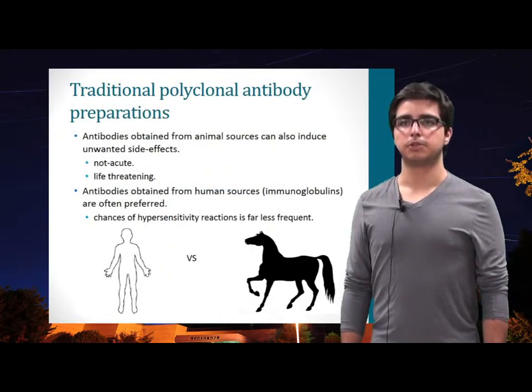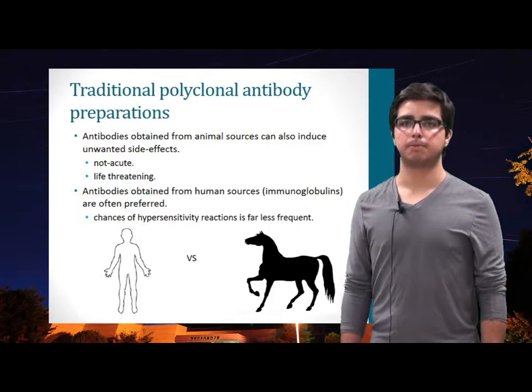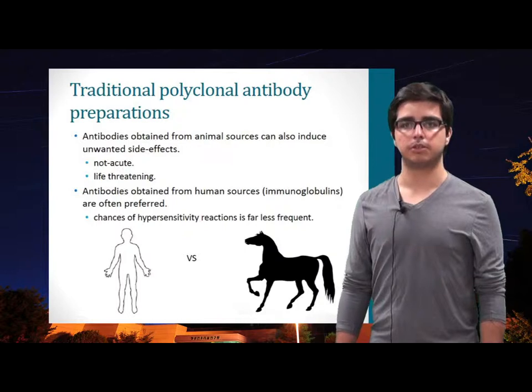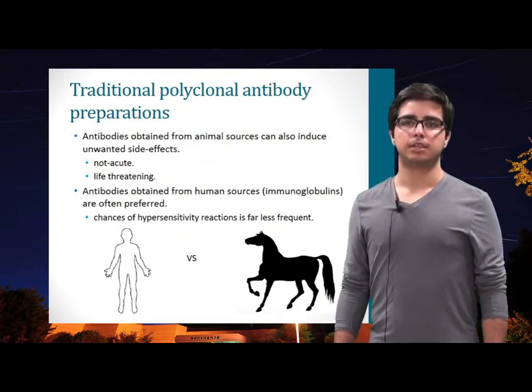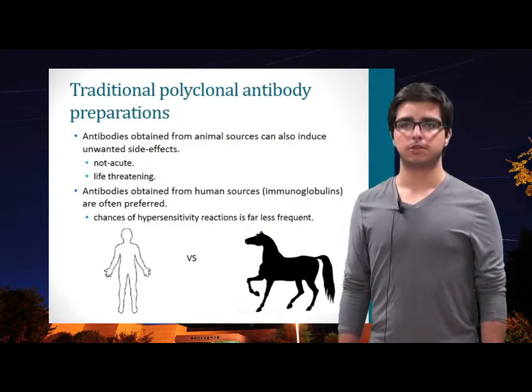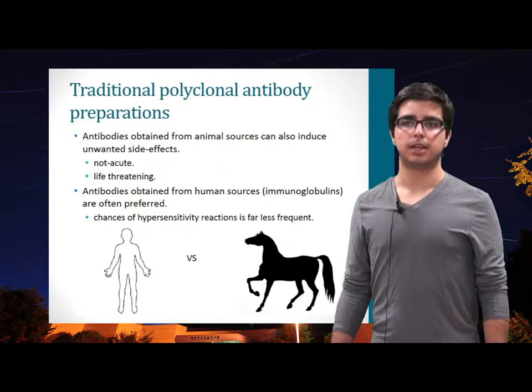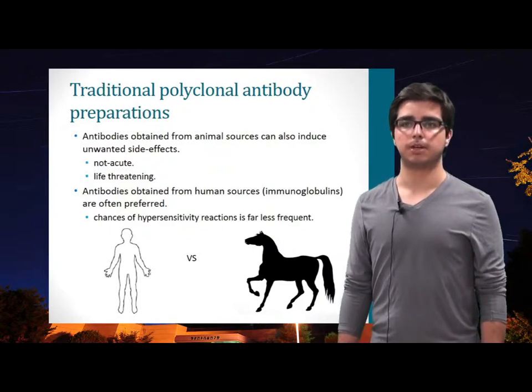The downside of using antibodies from an animal source is they can induce unwanted side effects, which can be either not acute or also can be life-threatening. Therefore, antibodies which are obtained from human sources, such as immunoglobulins, are preferred because they have less chance of having unwanted reactions.